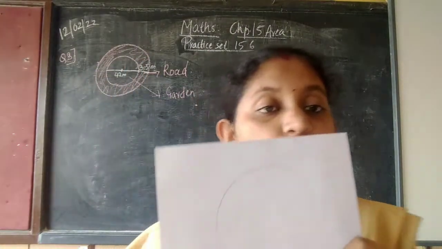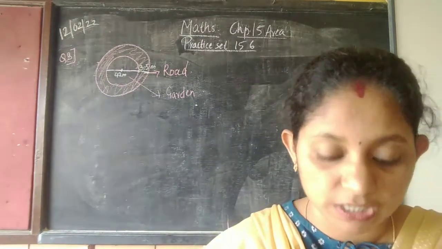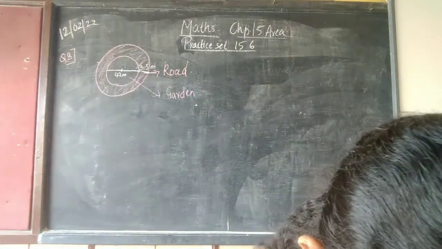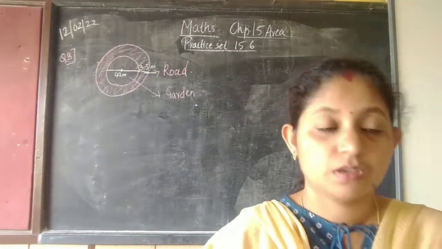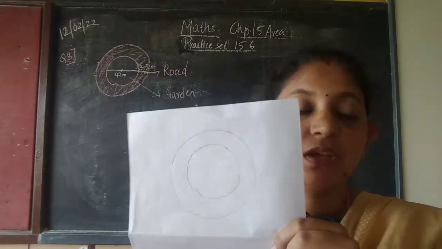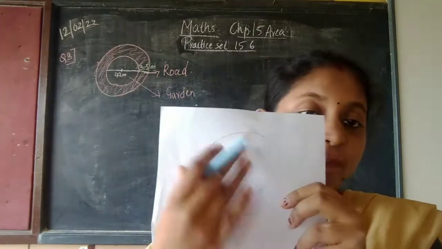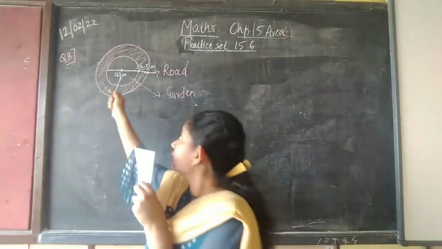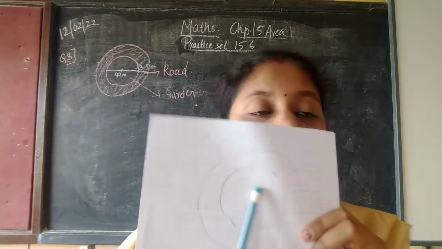Now if I tell, draw one more circle inside the circle. Okay, so you will draw one more circle. Suppose you have drawn like this one more circle. Okay, so here also you have used some space of this page, entire page, correct? So that is nothing but the area what is occupied here, the space which you used here.